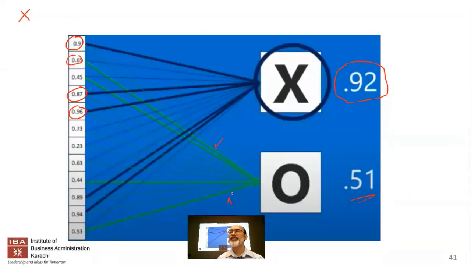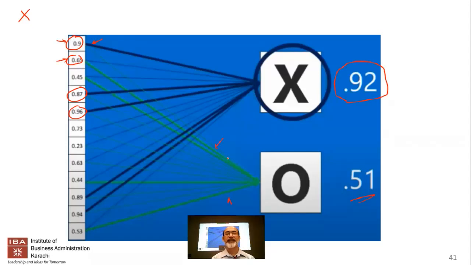Those are the weights associated with O. And those are different. It's connected strongly with different features. The X is connected to this feature. O is connected to this feature. So when this is strong, it will say this is an X. When this number here is strong, it will say that this is an O. That whole series of numbers. That's what I mean.